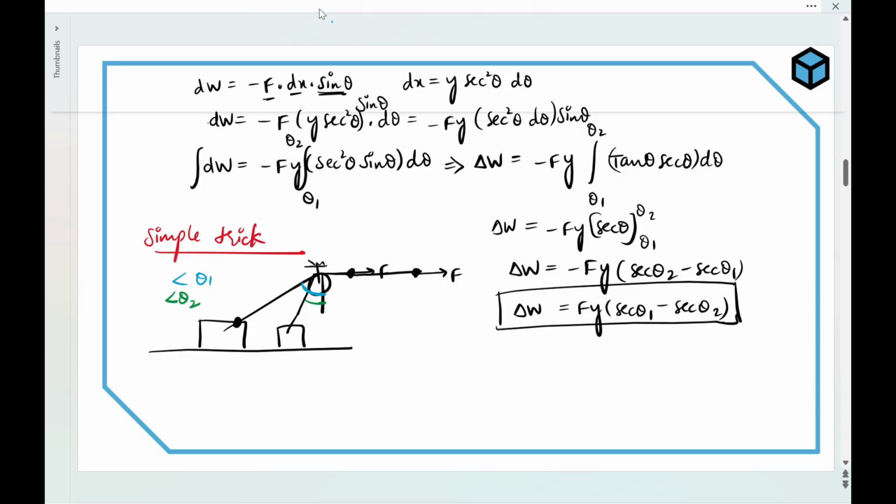Okay, so here y would be a constant parameter. So delta work done by tension is equal to delta work done by force. We can see it clearly.